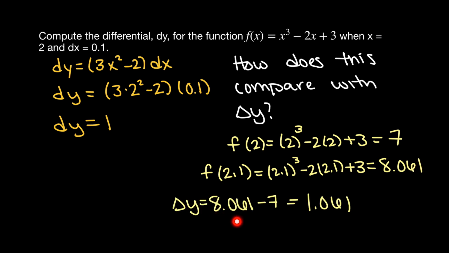And if I take 8.061 minus 7, I get 1.061. And the thing to notice here is that the dy and the delta y are really close together. They're almost the same value. And that's something we can expect to happen anytime our dx is really small. We're basically saying that our tangent line is a great approximation for this function when we're really close to that point of tangency.